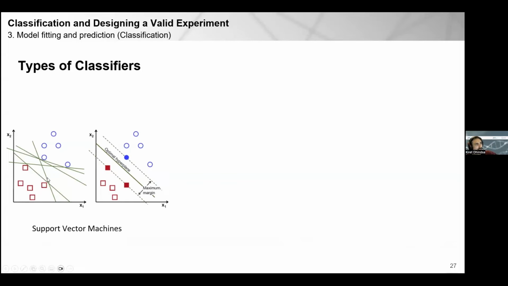But you can imagine if you have well-separated data, as in this plot here, there are actually many, in fact, an infinite number of possible decision boundaries, right?